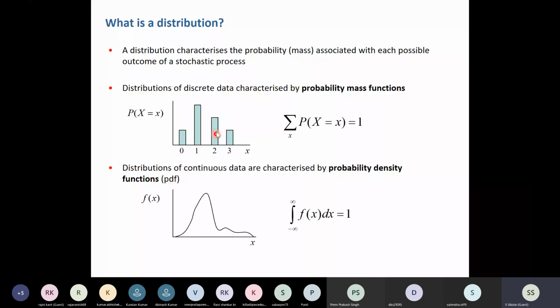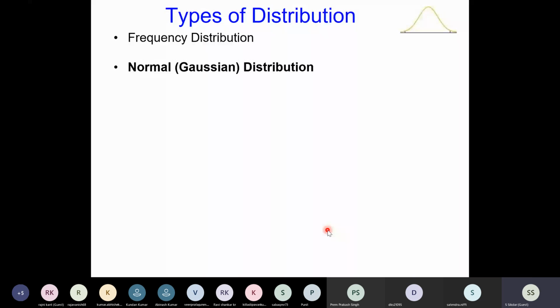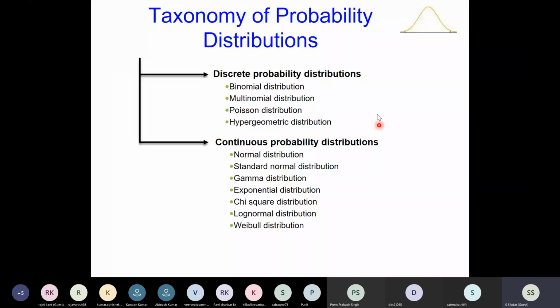So that's the difference between the discrete distribution and the continuous distribution. This normal distribution is always a continuous distribution, and under that category the gamma distribution, exponential distribution, chi square all come. Whereas the Poisson distribution and binomial are discrete. So you get a single value.